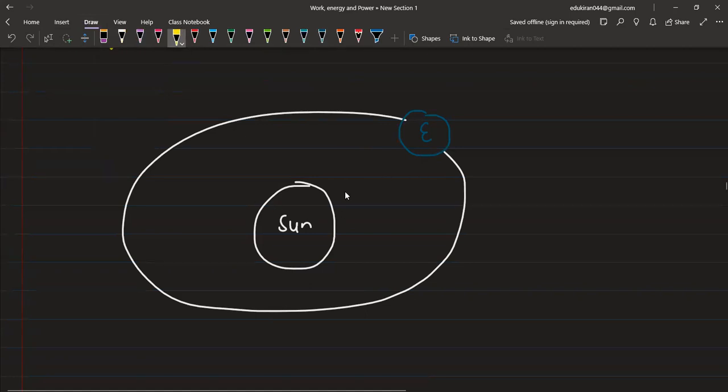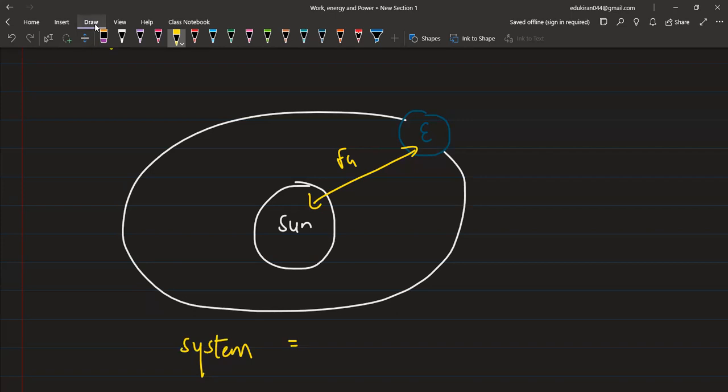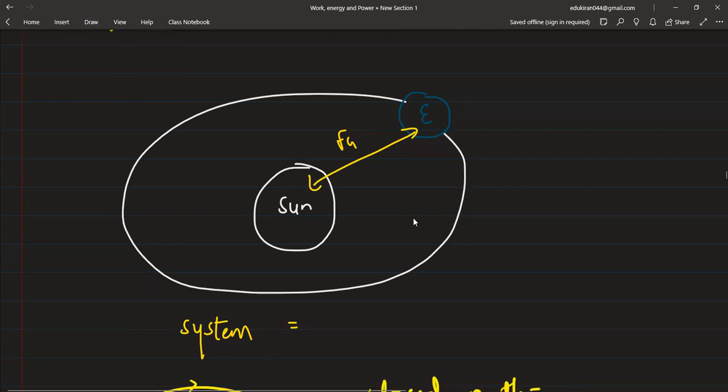Now, between Sun and Earth, there will be a gravitational force. This value of gravitational force we will calculate in the chapter Gravitation 2. So, if this is my system, meaning the part under observation, then according to this figure, my system will be Sun plus Earth, that is the entire orbit.